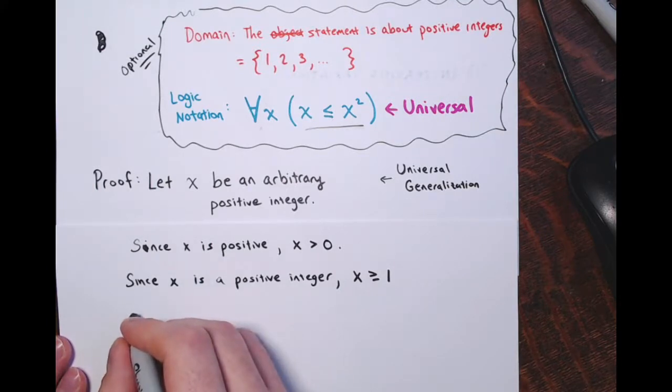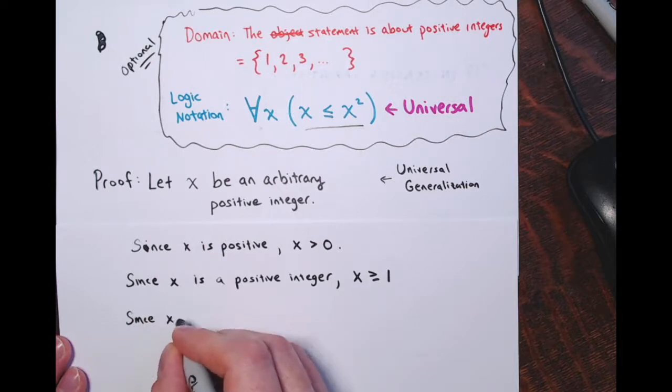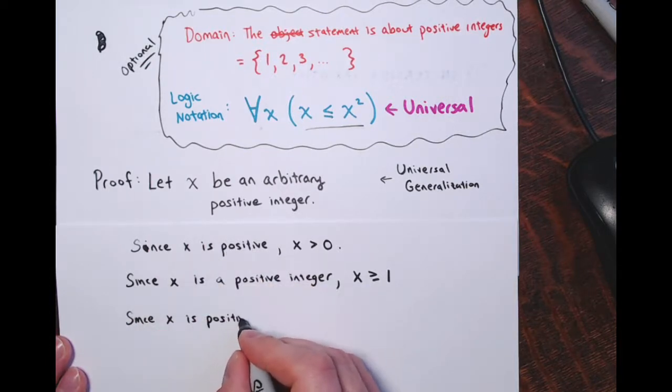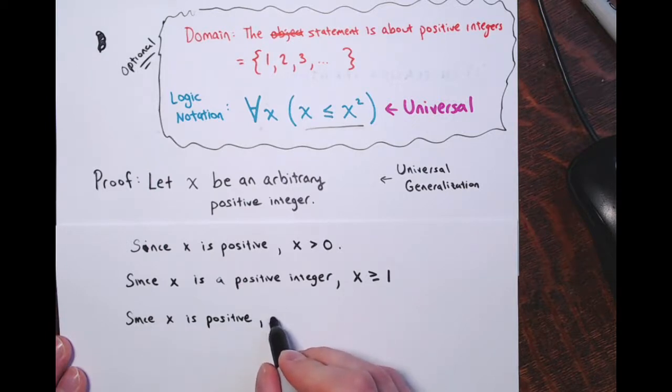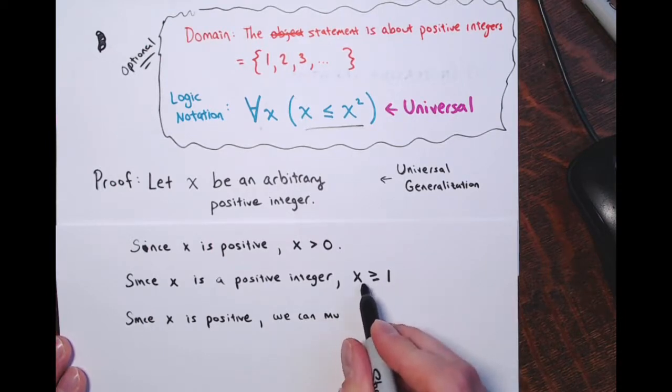So, since x is positive, and maybe I could have written that after, right? But since x is positive, we can multiply both sides of x is greater than or equal to 1, because that's a true statement.